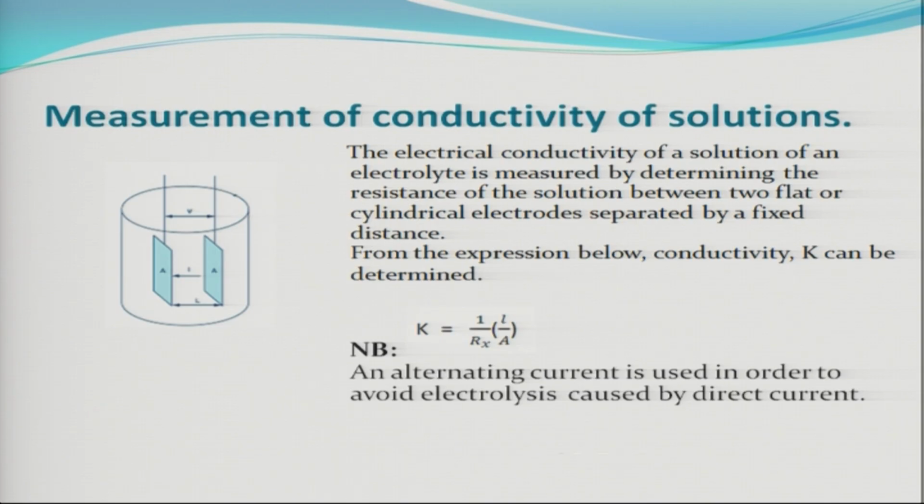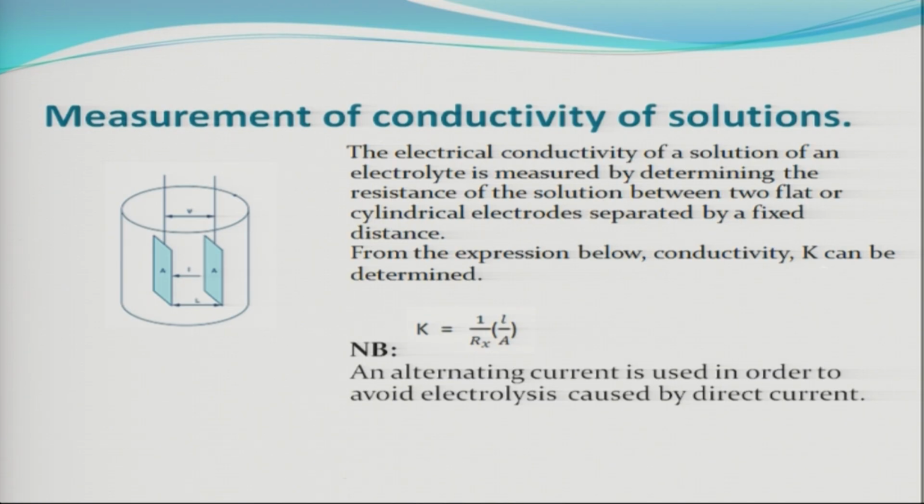We should also know the distance between the electrodes. Also, we should know the cross-sectional area. As long as we have those measurements, we just pass our current through it, and by using Ohm's law, that is V is equal to IR, we can easily determine the resistance.